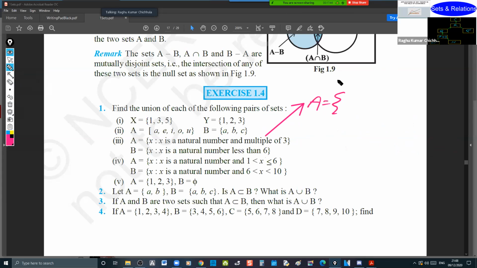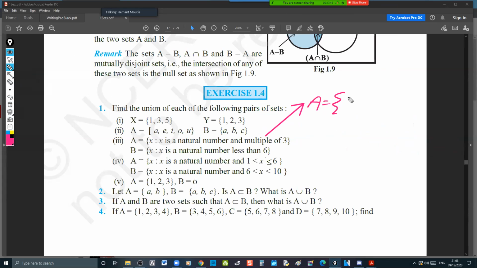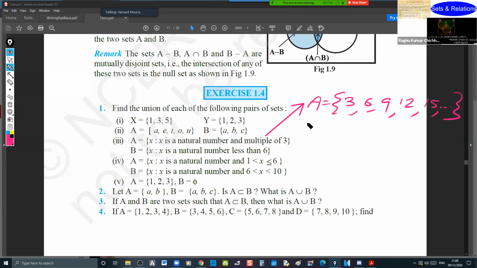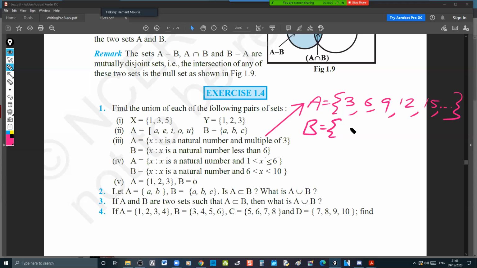A is 3, 6, 9, 12, 15, and so on. What is B? B is a natural number less than 6: 1, 2, 3, 4, and 5.